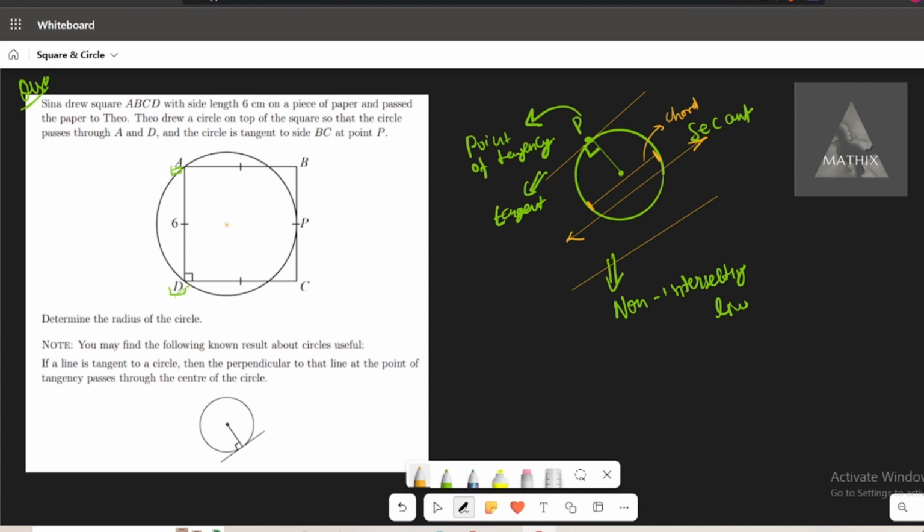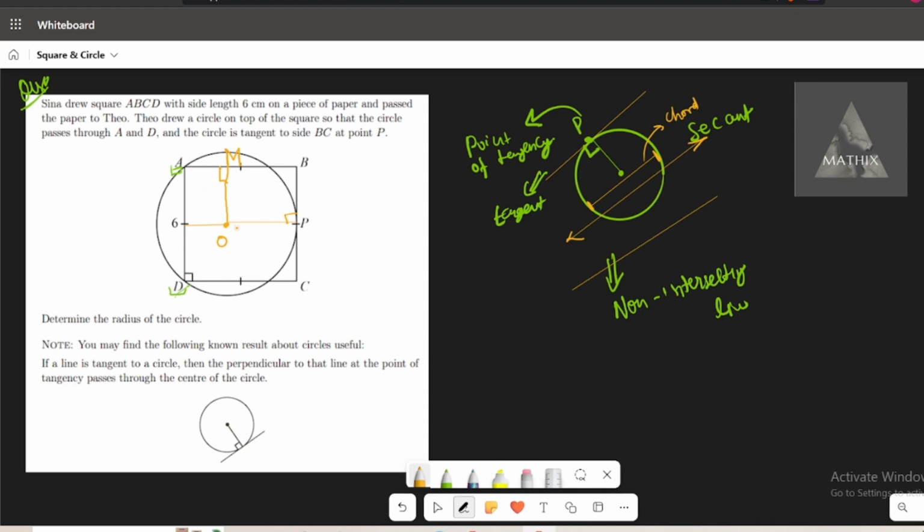Let's suppose this is the center of the circle, and let's name it O. From the property, we can say that OP will be perpendicular to BC. Now if we draw one more line over here such that it is perpendicular to the line AD, and say it cuts AD at point N, let's join this line also.